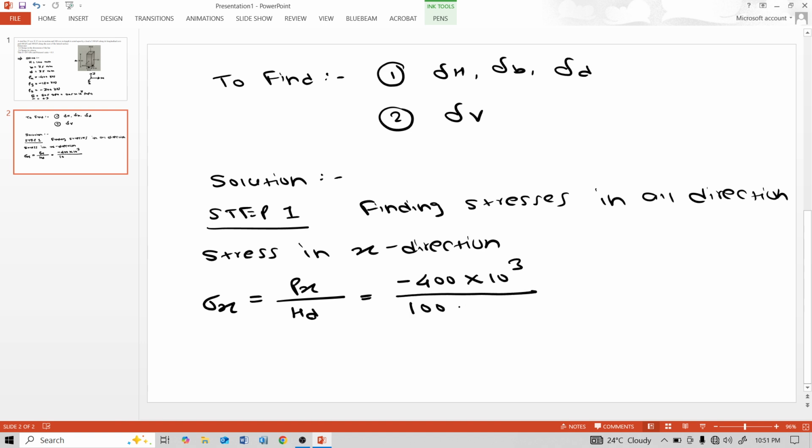H is 100 multiplied by d is 35, depth. Minus 400 into 10 raised to 3 divided by 100 into 35 is minus 114.29. Unit of stress is MPa, megapascal.